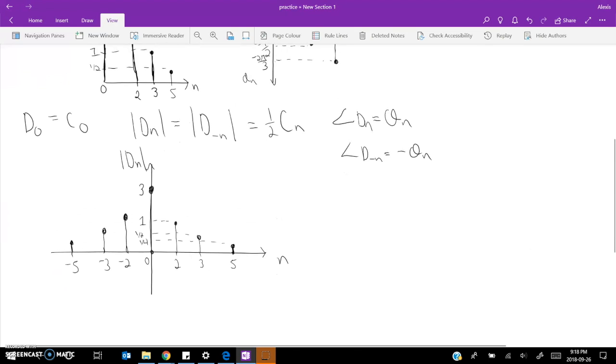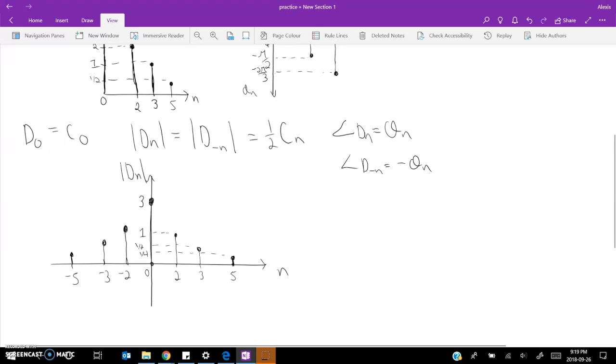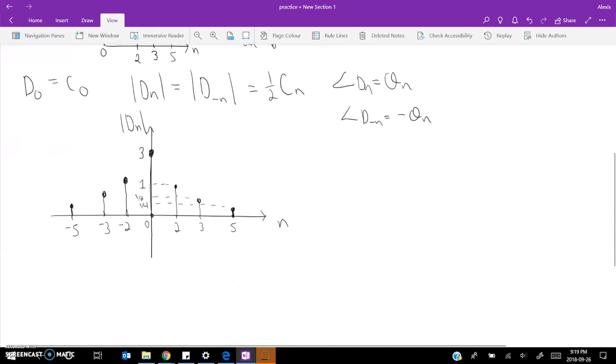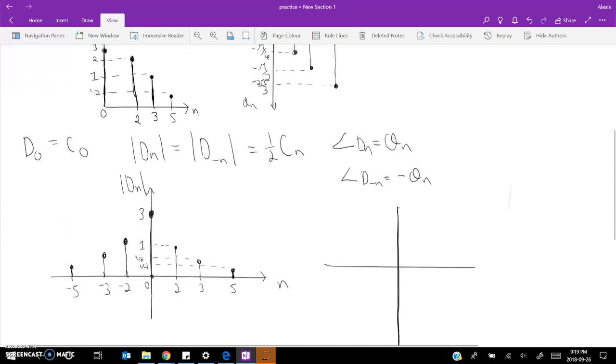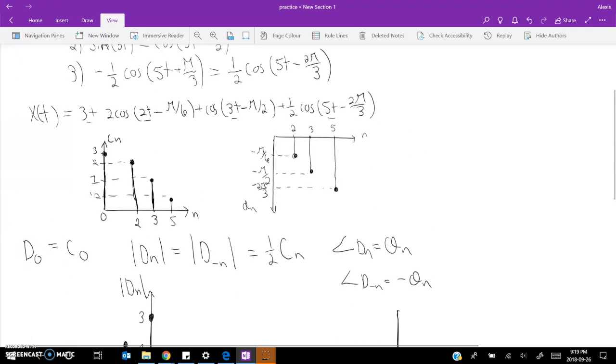Now looking at the phase, we would obtain something similar where the negative axis is taken into account. So for the phase of dn, we would have our y-axis like such, and we have our x-axis, and our plot would look identical to our first one here.